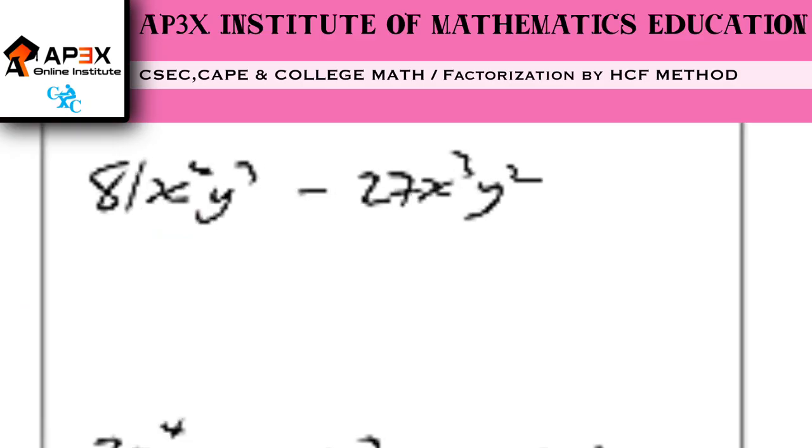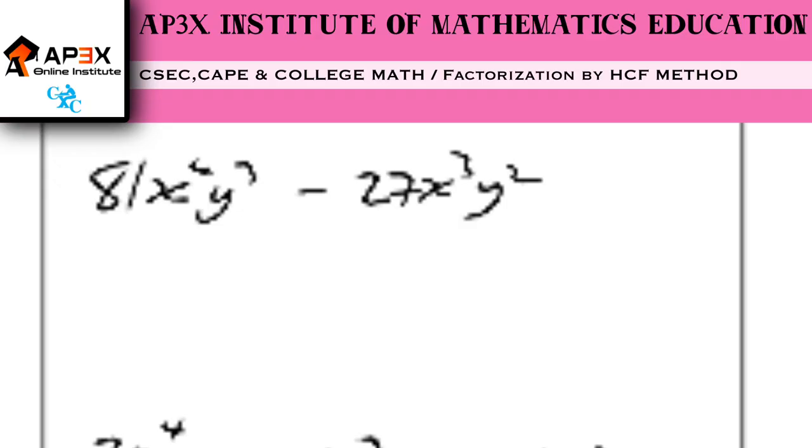Ladies and gentlemen, we're going to be moving on to 2 last examples, right? And these examples, like I said, are not anything different from the ones that we've been working. It's just going to be a little bit trickier in terms of choosing the highest common factor. We're in fact going to be emphasizing the importance of choosing the highest common factor, because sometimes you can find yourself choosing a common factor but it's not the highest.